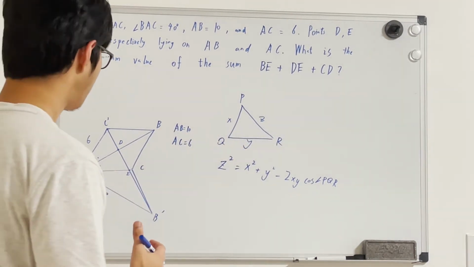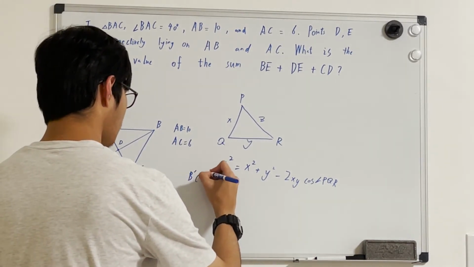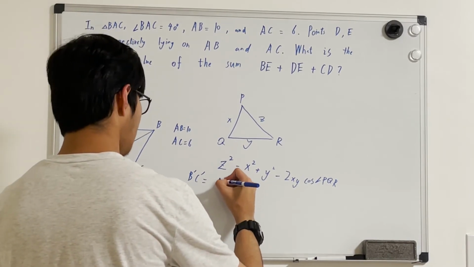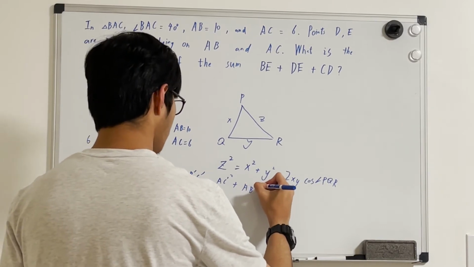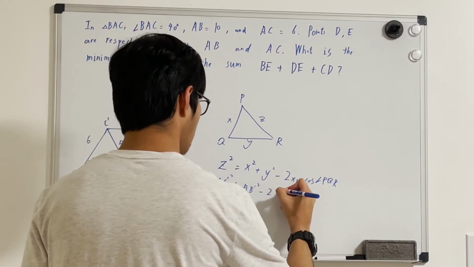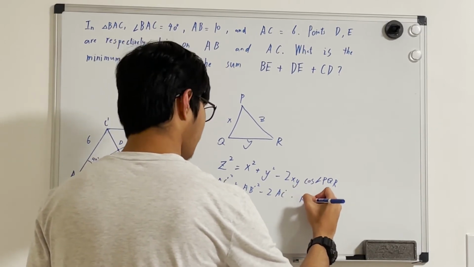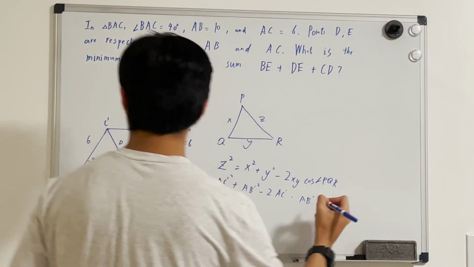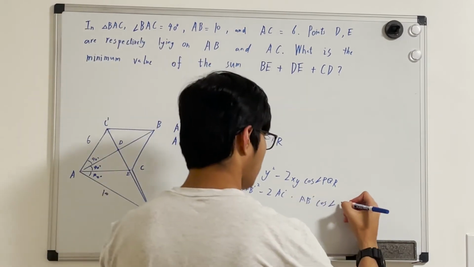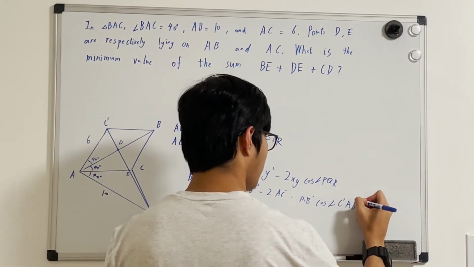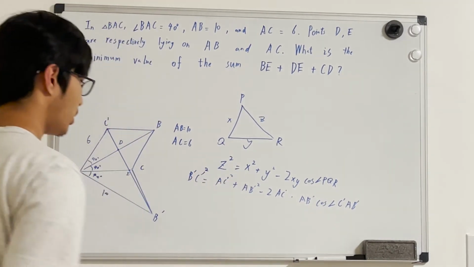So this shall be B prime C prime squared equals AC prime squared plus AB prime squared minus 2 times AC prime times AB prime times cosine of angle C prime A B prime. Let me simplify it a bit by substituting numbers in. Oh, my bad, this should be a square.